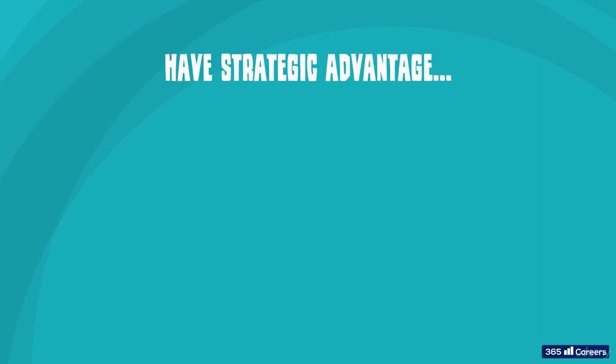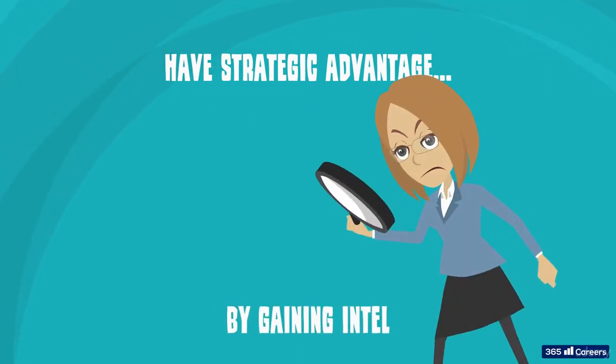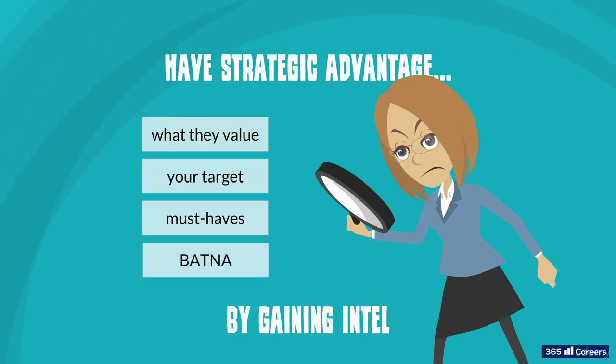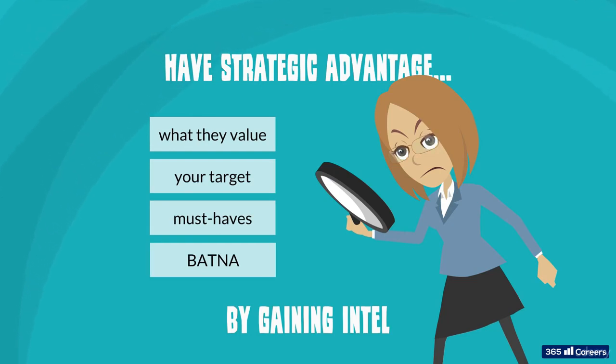One thing you can do if you want to make sure you have the strategic advantage is to gain intel. You should learn as much as you can about your opponent and what they value. Your bargaining power is strongly grounded in how clearly you have defined your target, must-haves, and BATNA or other alternatives, and how well you know your opponent's goals.